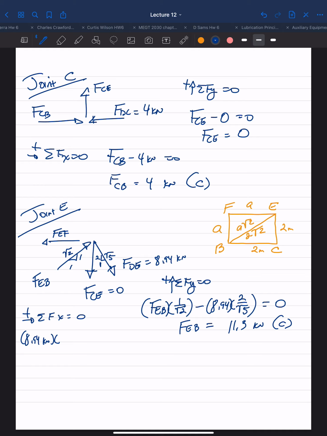That's 1 over the square root of 5 plus FEB, which we now know to be 11.3 kilonewtons, times the x component, which is 1 over the square root of 2, minus FEF. Solving for FEF, FEF equals 12 kilonewtons, and it's pulling on the joint, so it's in tension.